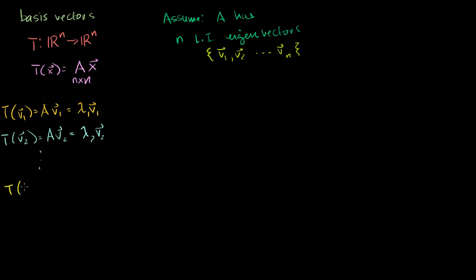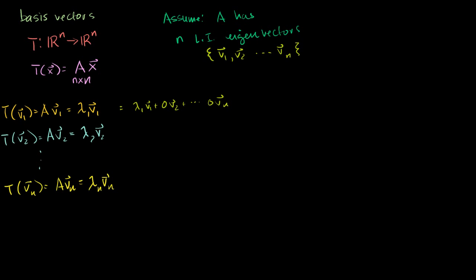So the transformation of vn is going to be equal to A times vn. And because these are all eigenvectors, A times vn is just going to be lambda n, some eigenvalue, times the vector vn. Now, what are these also equal to? This is probably going to be unbelievably obvious to you, but this is the same thing as lambda 1 times v1 plus 0 times v2 plus all the way to 0 times vn.